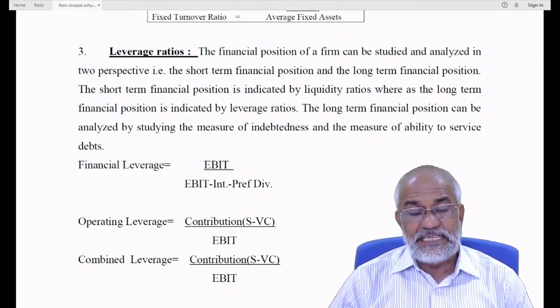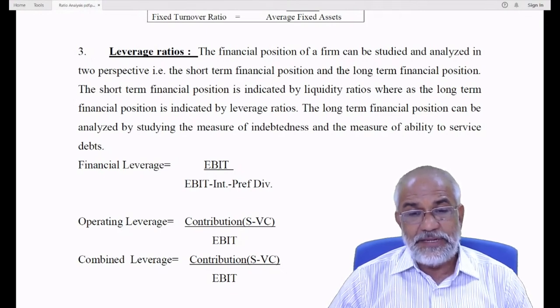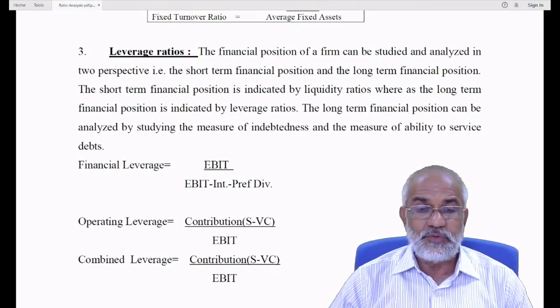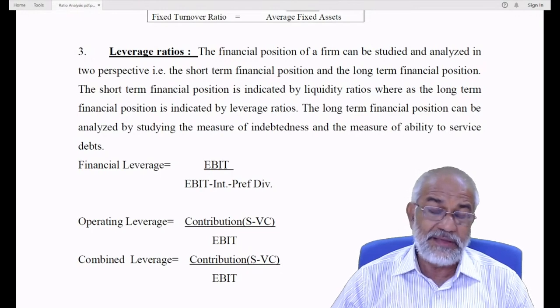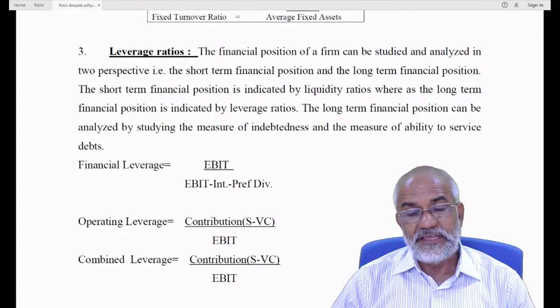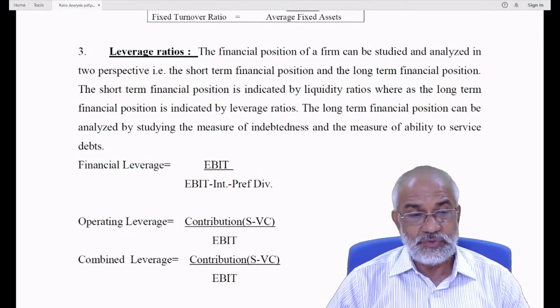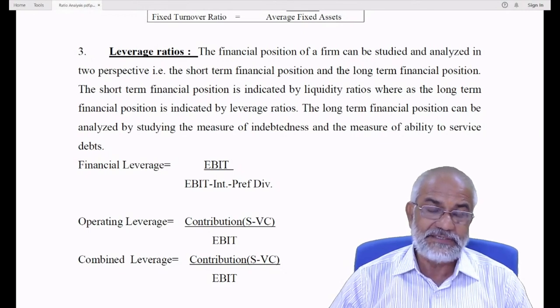So by establishing the second unit without increasing the equity share capital, when the entire amount is borrowed from outside, the earning per share goes up from rupees 3 to rupees 5. So obviously, the second option is beneficial to the organization. That is called trading on equity or financial leverage.